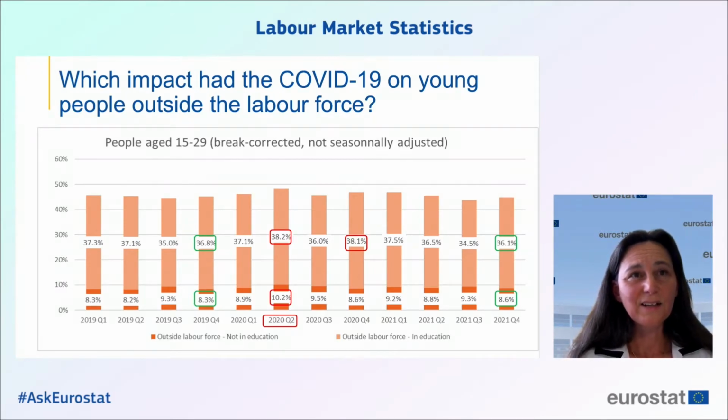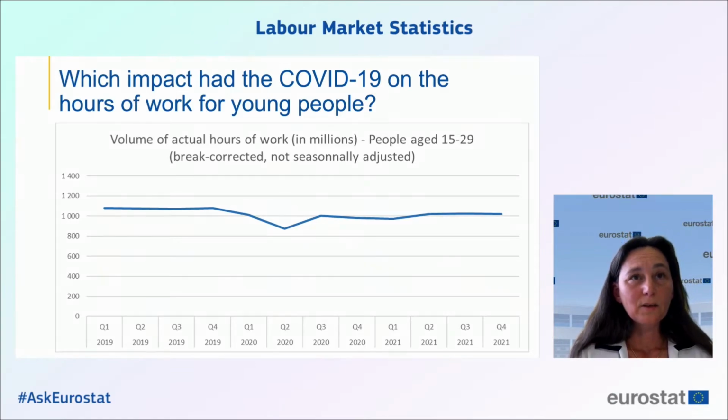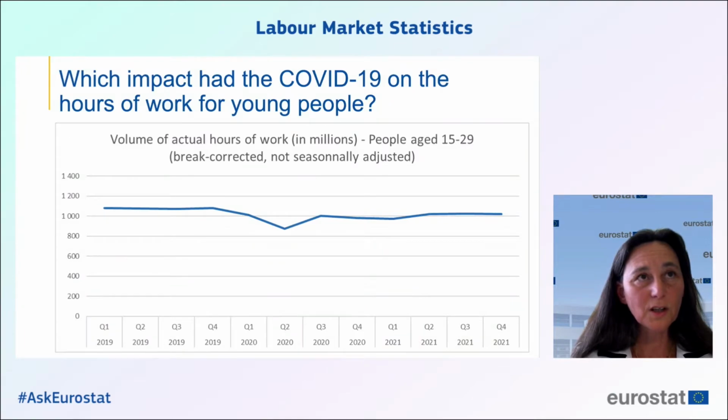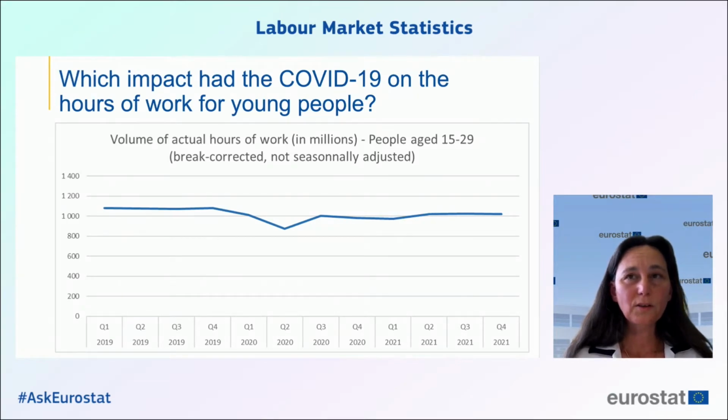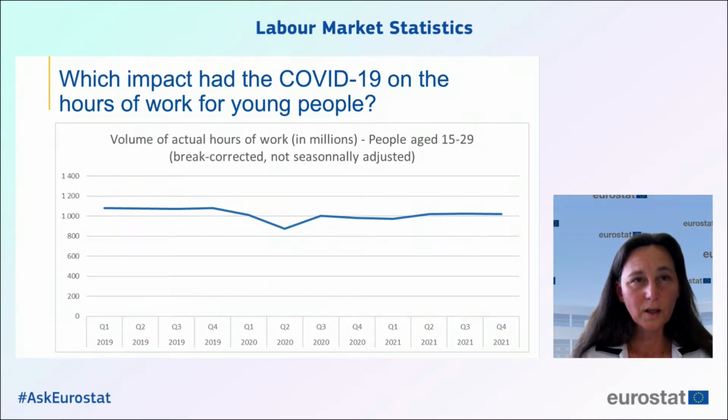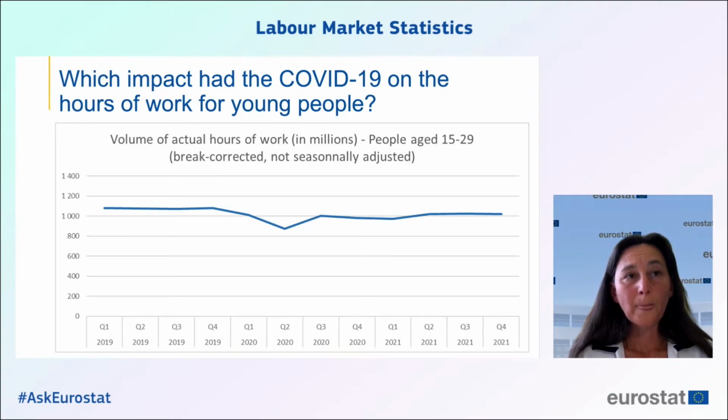Then next slide, please. So maybe this can complement the previous picture: to look at the volume of hours of work for the young people. Here we look at the total volume and the evolution of the total volume, and we can clearly see in terms of hours of work the decrease in the second quarter of 2020.